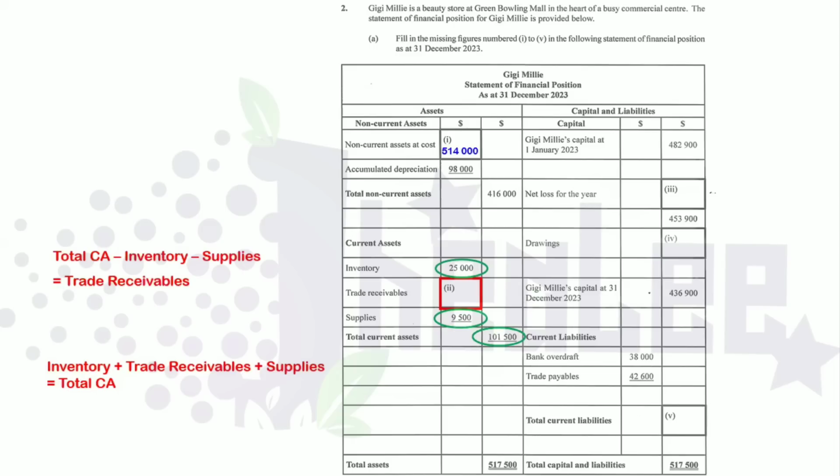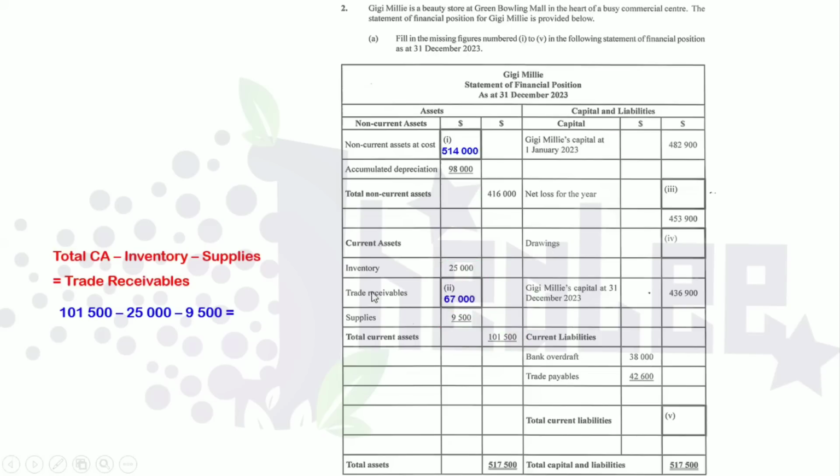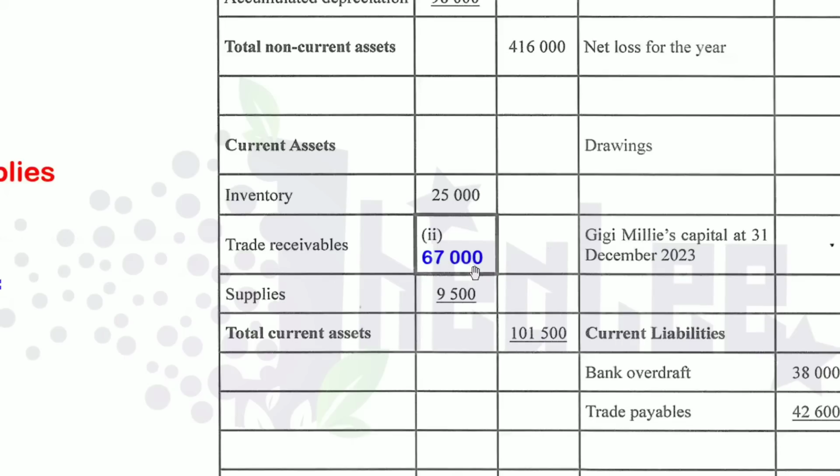But instead of going through that long route, we're simply going to use the first formula, which is total current asset minus the inventory and the supplies, and that would give us our trade receivables. So in calculation, that is $101,500 minus 25,000 minus the 9,500, and that gives us a value of $67,000 for our trade receivables.